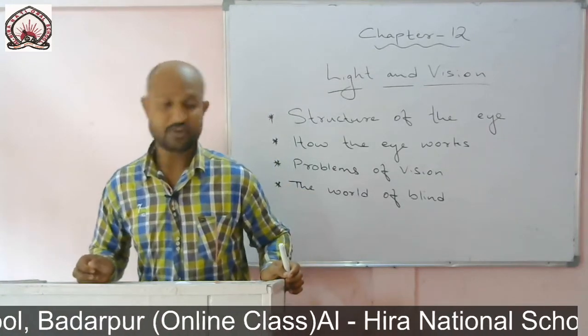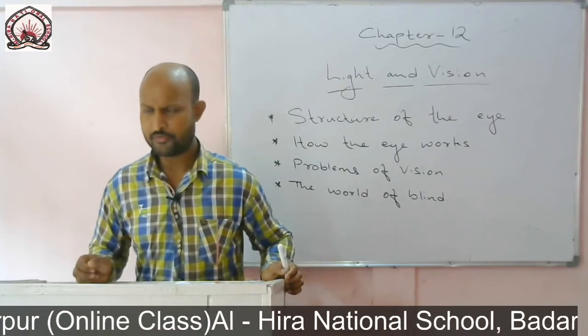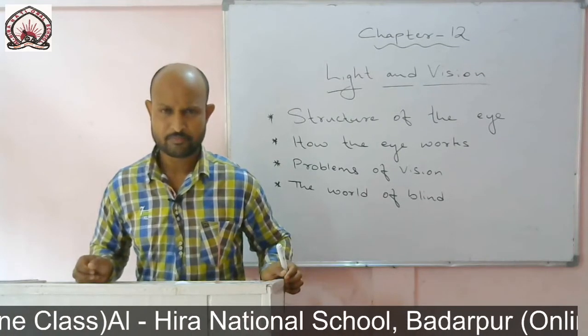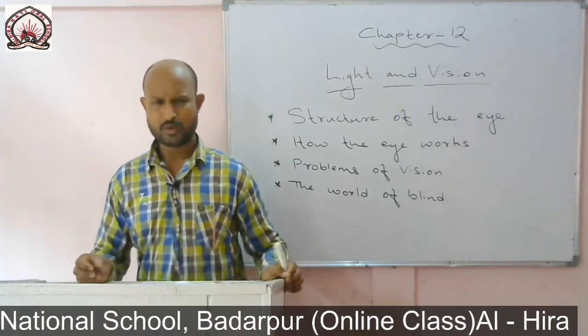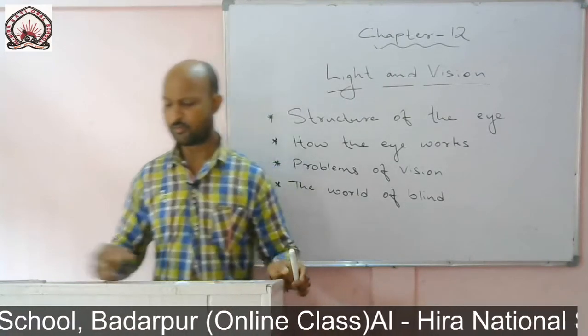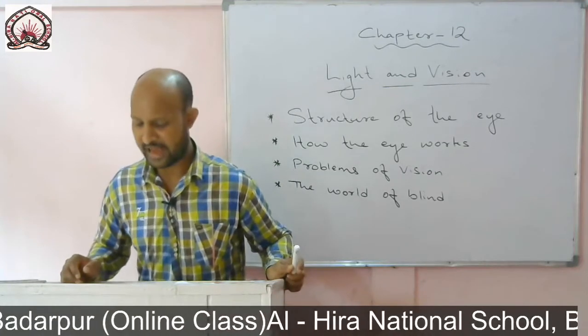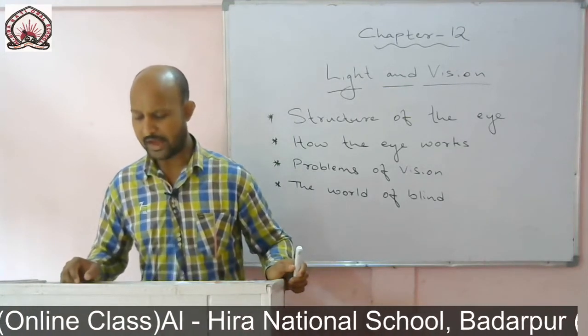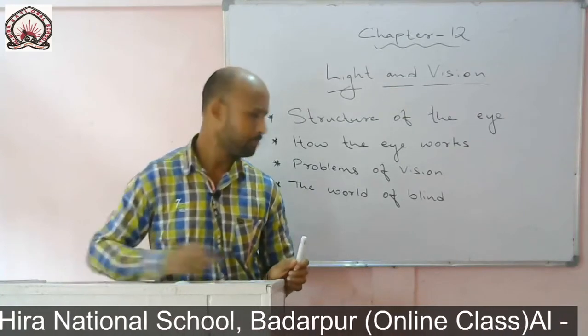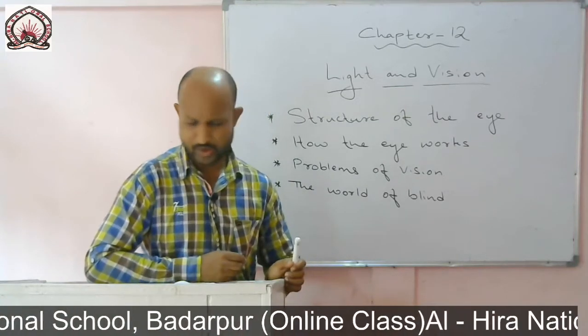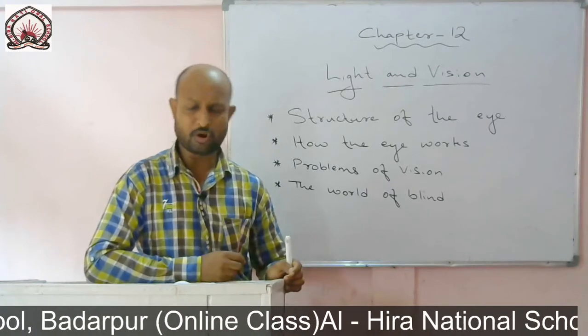Now, loss of vision and blindness. If one doesn't have the eyesight to see things, he is completely blind. He may face numerous problems to live his life. Some problems of the eye lead to partial or total loss of vision.